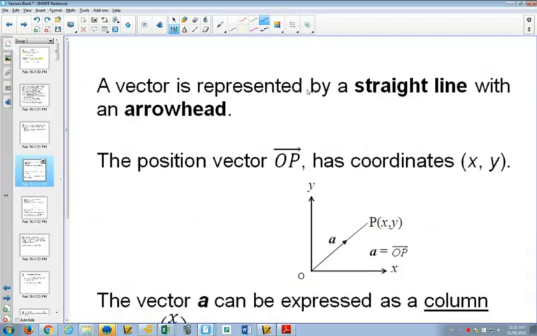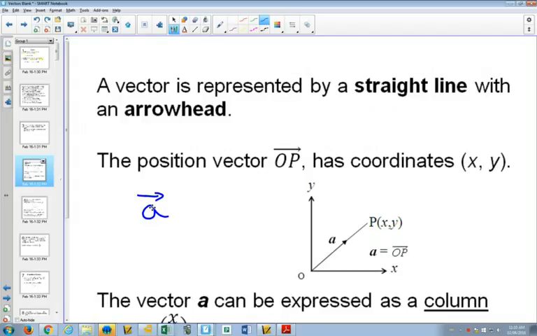So we show a vector by drawing an arrow over top of it. Some textbooks you'll see that they'll show a vector by making it a bold one, but what we're going to do in this course is we're always going to put an arrow over top of something to show that it's a vector.